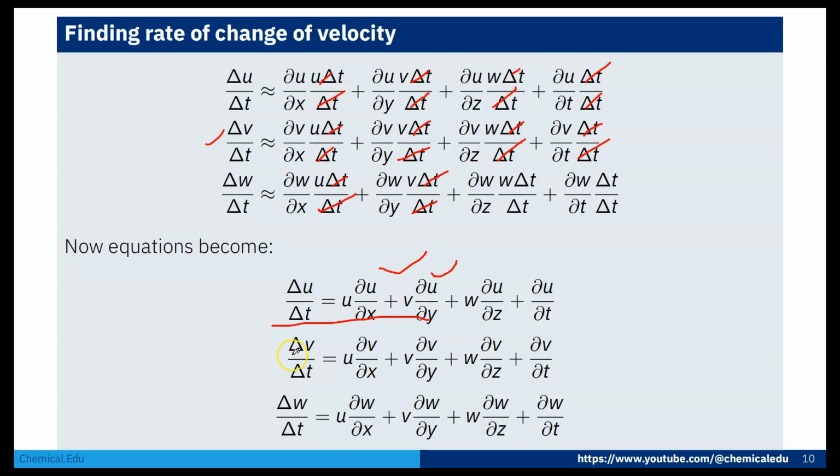Similarly for ∂v/∂t, only u will change and v comes here, and likewise ∂w/∂t. So we'll get that. So the change of velocity is nothing but this. The change of the u velocity, ∂u/∂t, is this, ∂v/∂t is this, and ∂w/∂t is this.